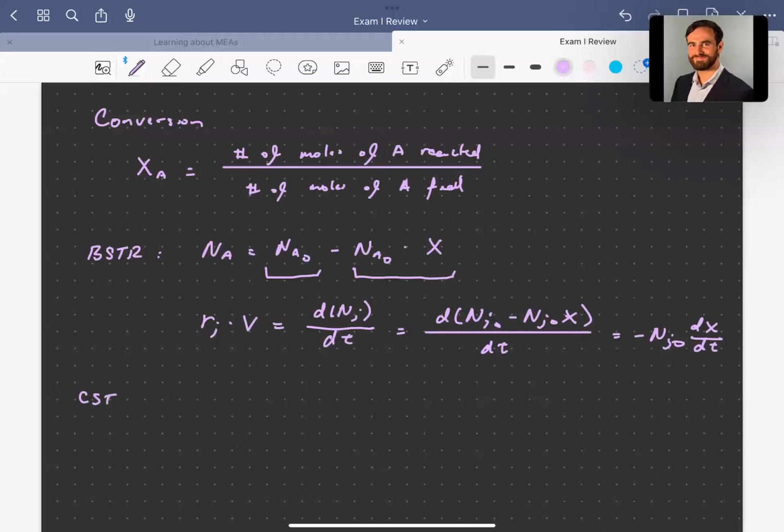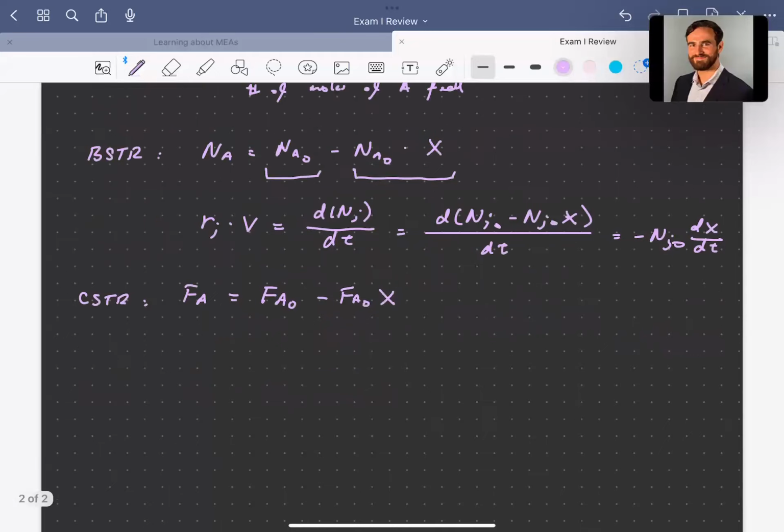For the CSTR, here we're going to rewrite the molar flow rate of A at any residence time in terms of conversion. So this is the molar flow rate in minus molar flow rate in times conversion.